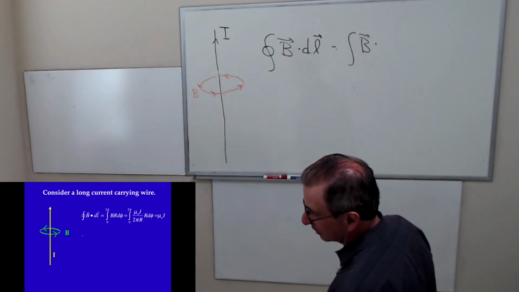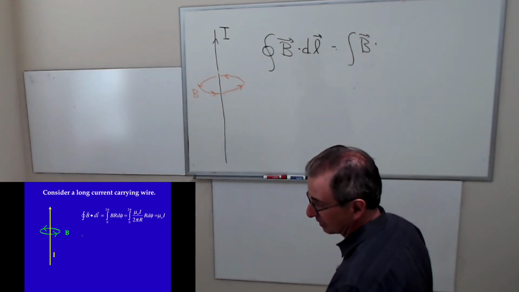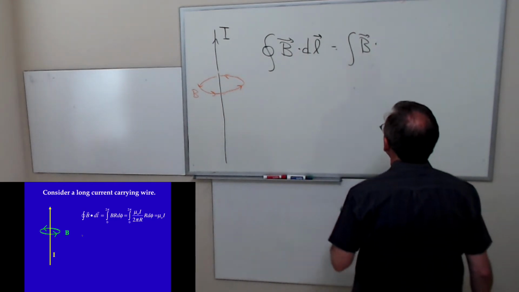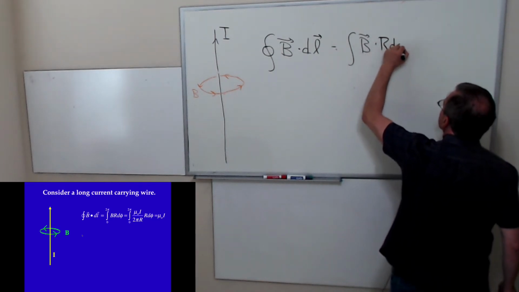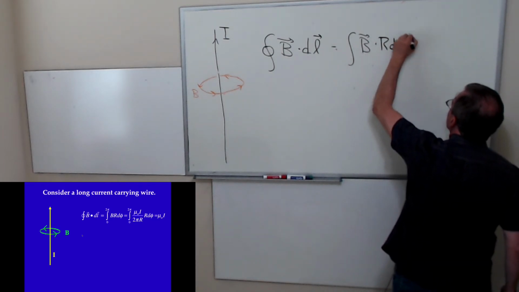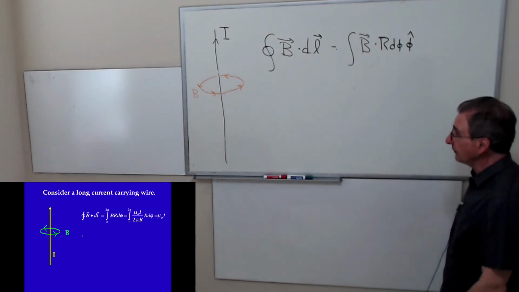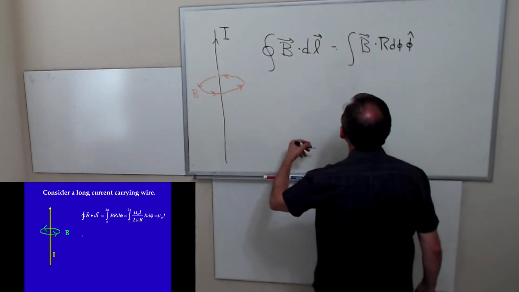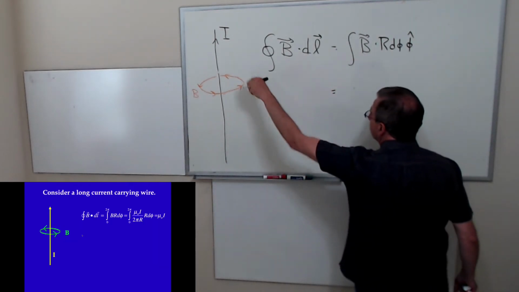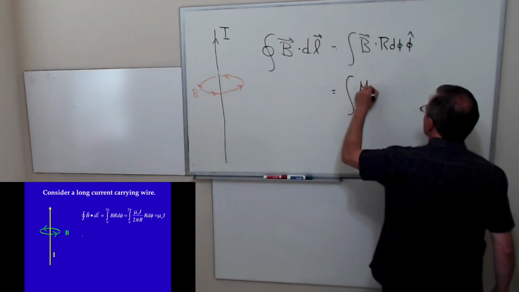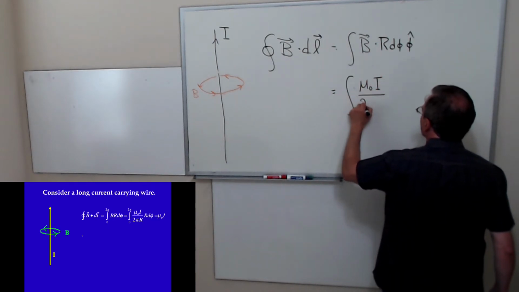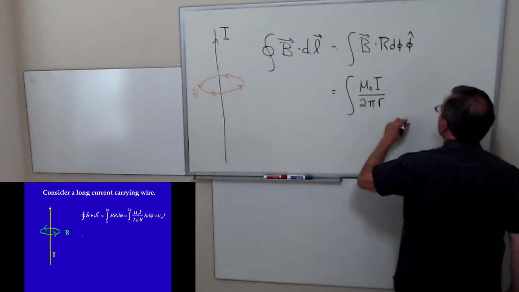Yeah, the theta hat. I'm going to call it the phi hat because I'm using Greek letter phi. And so the dl is going to be r dφ φ hat. But the magnetic field is in the same direction. The magnetic field loops around like that. It's μ0 I over 2πr.